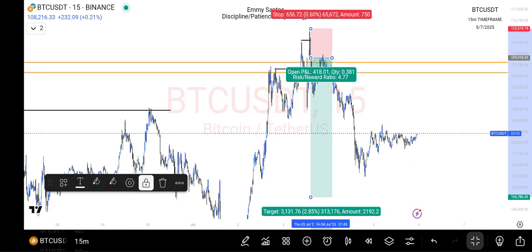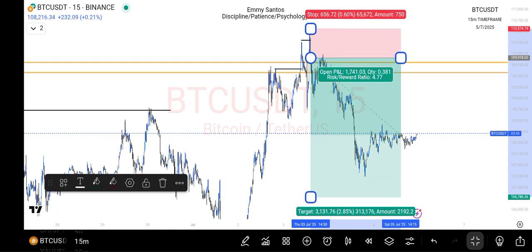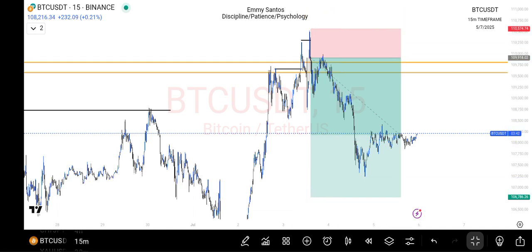Understanding basic market concepts is very, very important, and confirmation too is very important. So after the sweep, I had to take the trade.